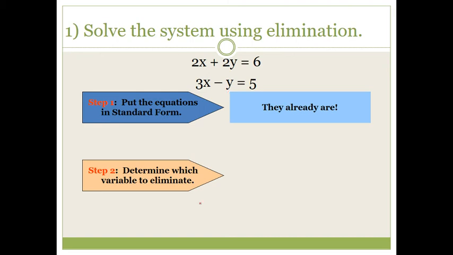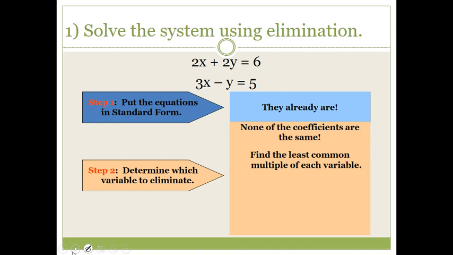Then y doesn't eliminate either. Alright, so before I can eliminate one of the variables, I have to get them to have equal and opposite coefficients. And remember, the way that we do that is to multiply one or both equations by whatever number we need to, so that I get one of the variables to be equal and opposite to the variable in the other equation. So I'm going to do that by finding the least common multiple for each variable.